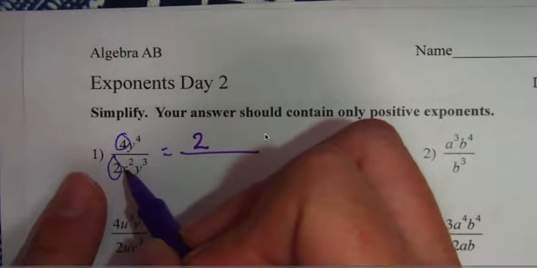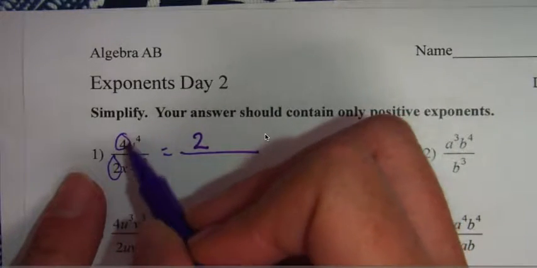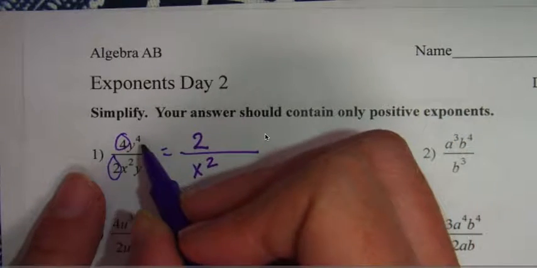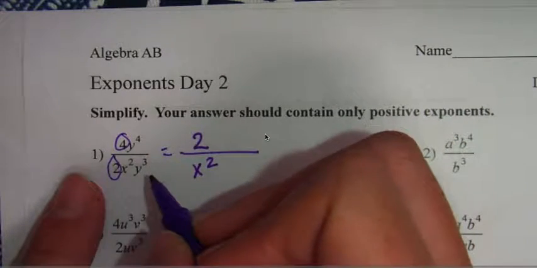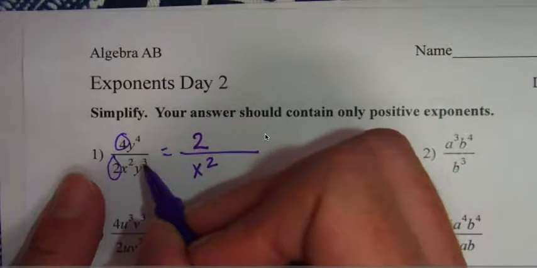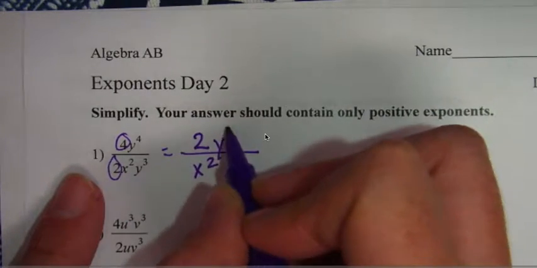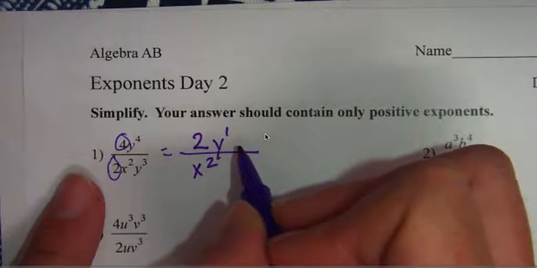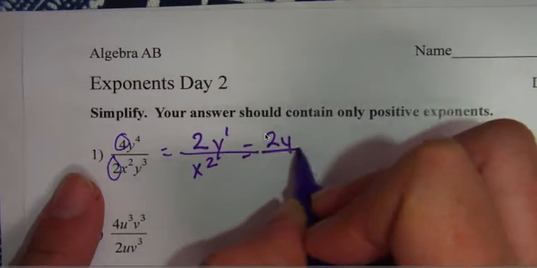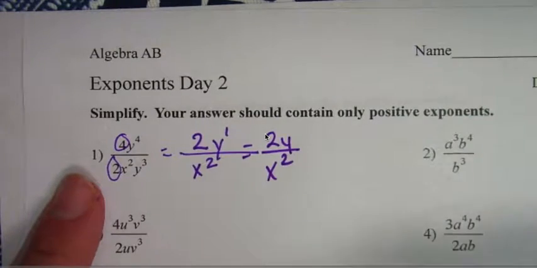So x squared has nobody to cancel out with, so x squared has to stay in the denominator. So we have y to the fourth upstairs, y to the third, so same bases, and we're going to subtract. 4 minus 3 is 1. And we have more up top, so that's why it stays there. We don't really need to write y to the first, so I should really have written my problem like that. It would be more simplified.